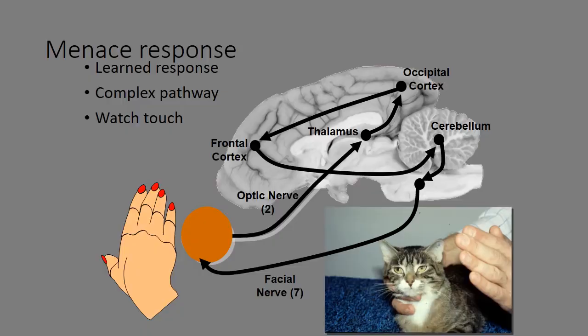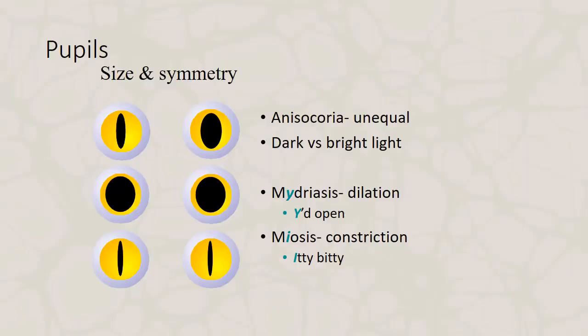When we're evaluating the eye, we can also evaluate the pupils. Remember, when there is evidence of miosis, you might want to think about Horner's, which is a loss of sympathetic tone to the eye. But when we're assessing the pupil size, we need to make sure that there is no anisocoria.